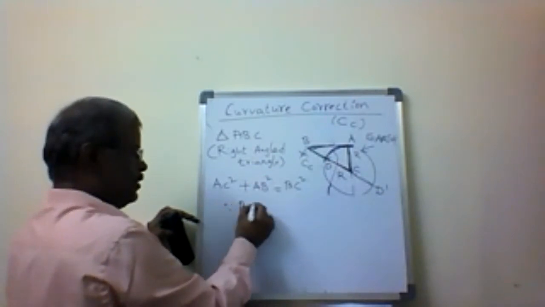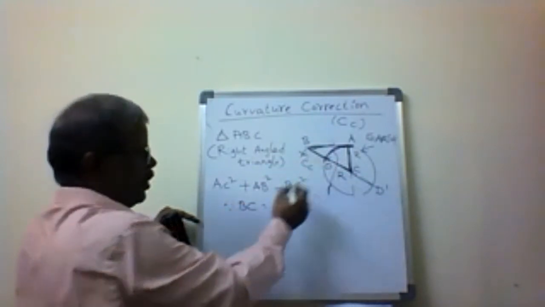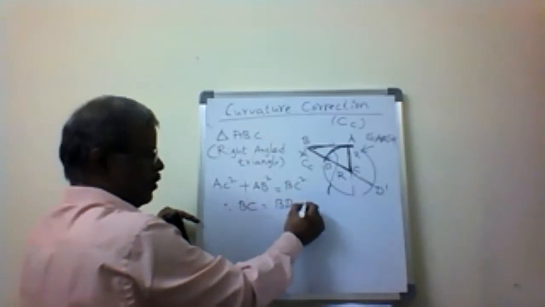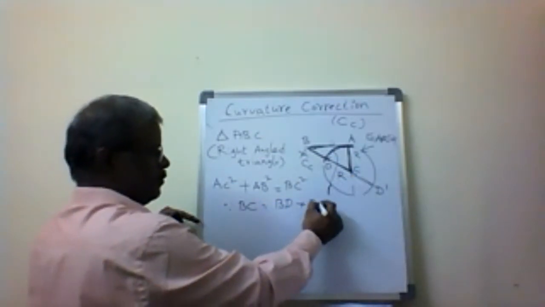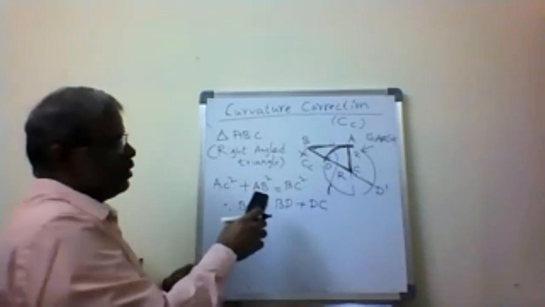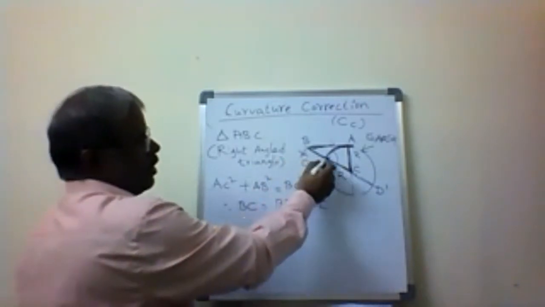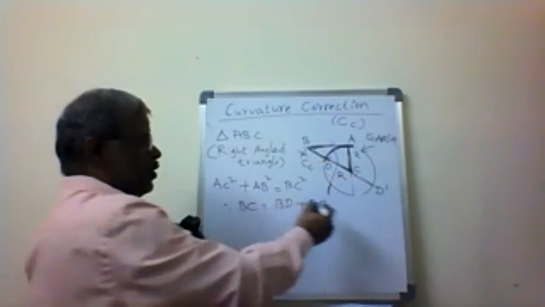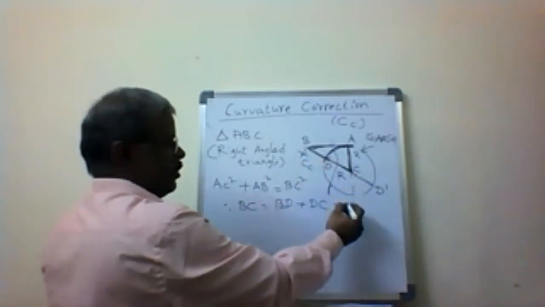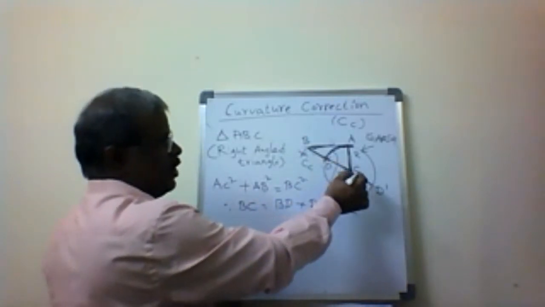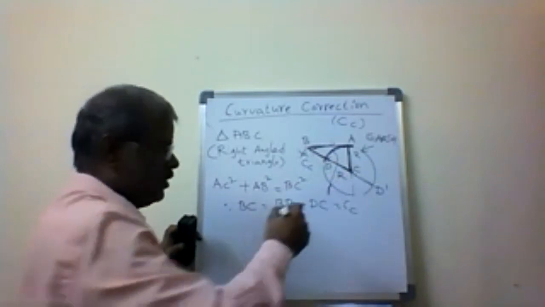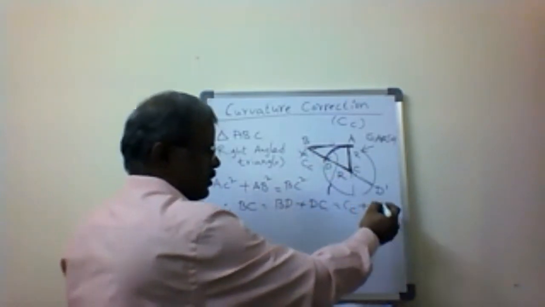But BC is BD plus DC. B to D is the curvature correction CC, and D to C is the radius of the earth. So it will be written as CC plus R.